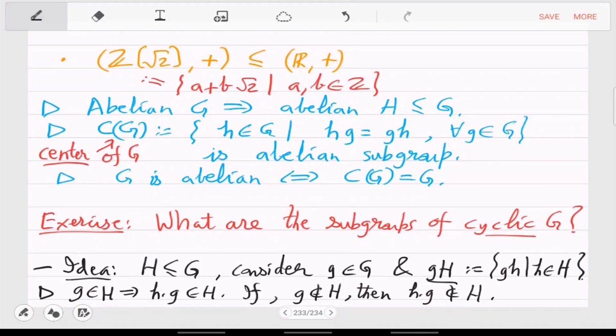Yeah, I should have taken this point of view that for the subgroup H, I will define G times H. G is an arbitrary element in the group.